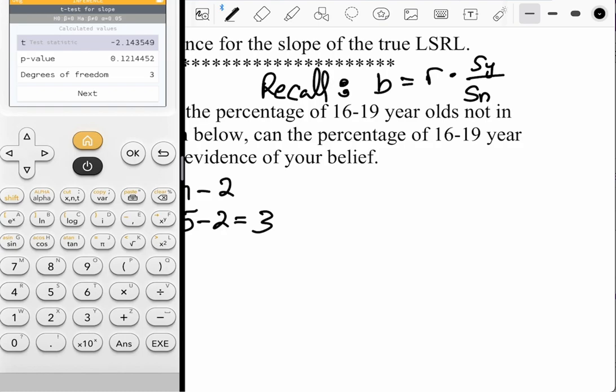You can solve for R. If I solve it for R, it's equal to B times Sx over Sy.